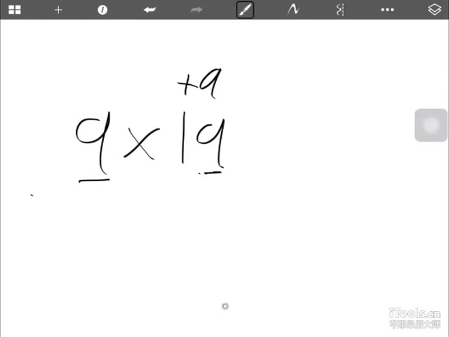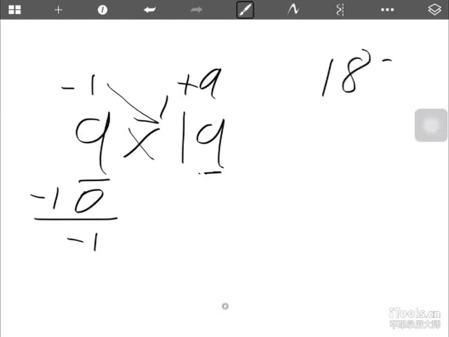And for single-digit numbers, we're just going to put 9 minus 10, which is equal to minus 1, and put minus 1 here. Now we're going to cross add, and if one of the numbers has a minus sign, you can just subtract it. So we'll have 18, because 19 minus 1 is 18, and make sure to add a 0 behind it.